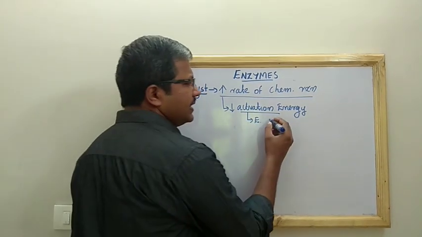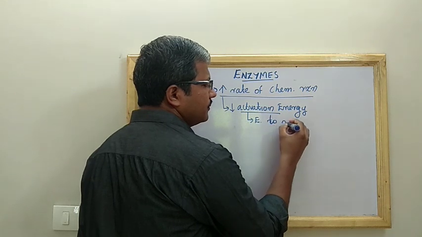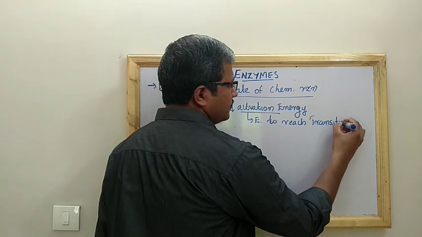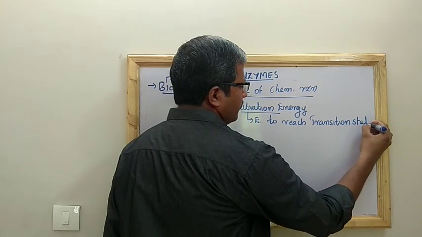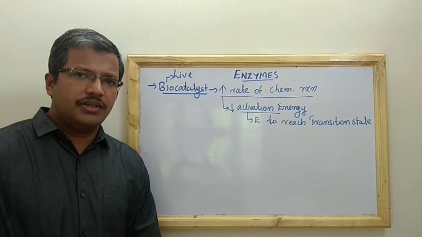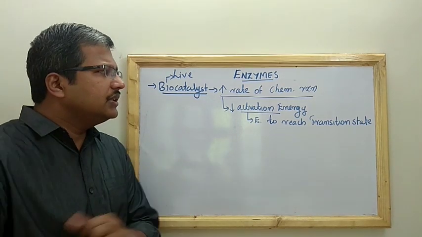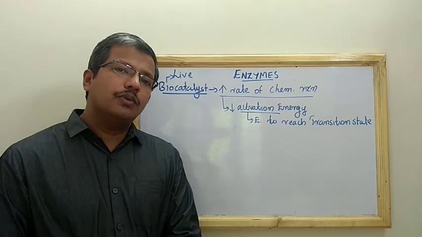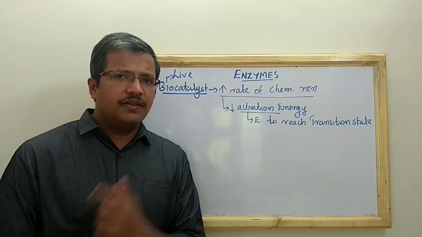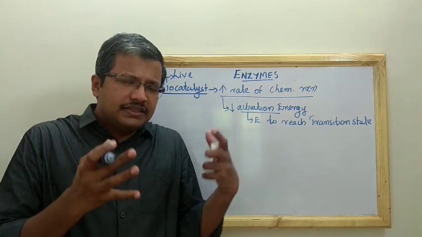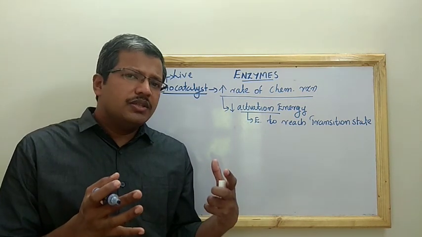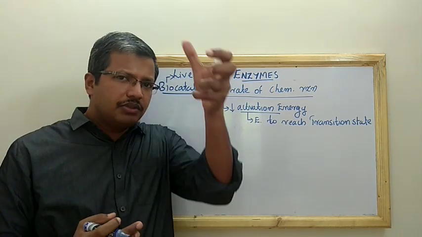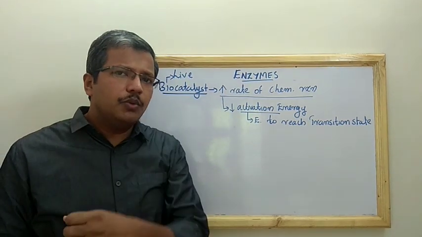So the energy needed to reach the transition state is the activation energy. Now the question is, what is meant by the transition state? It is a higher energy state, which is higher than both substrate and product, and only when the substrate reaches that energy state can it be converted into product.